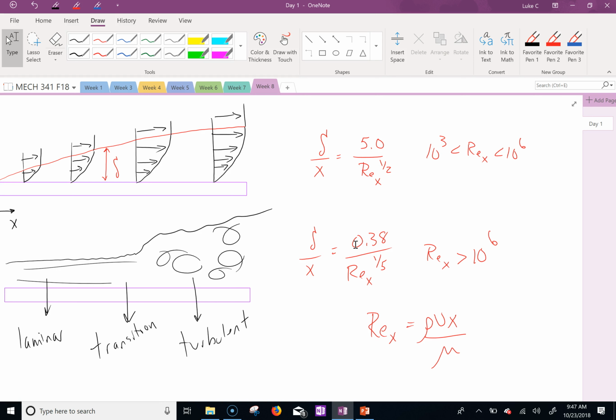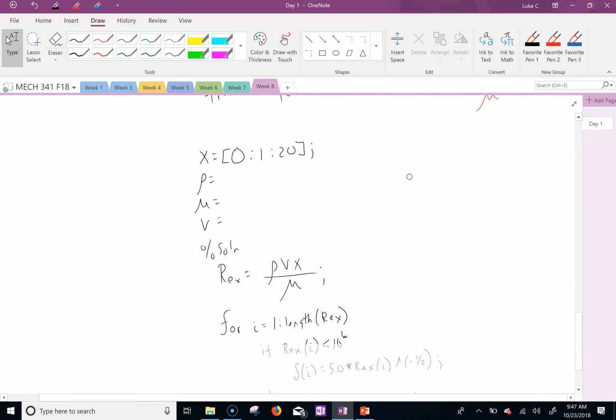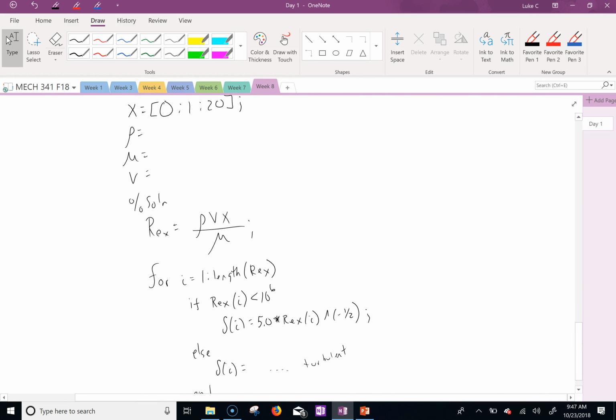So I think I reviewed how to make this code for problem 1. I wanted you to find the boundary layer thickness, so go ahead and use that. And let's give you a couple more equations here that you might need to know.